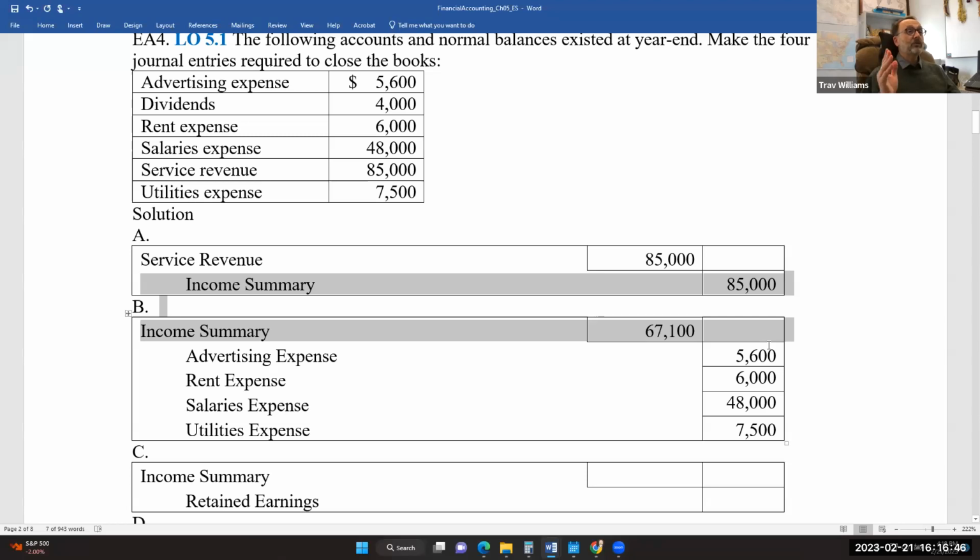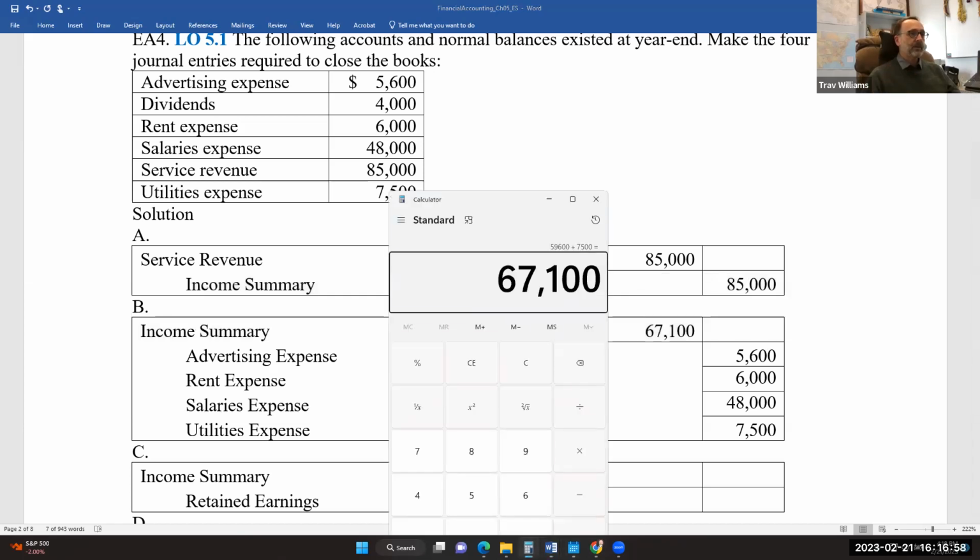So if we were to go to the income summary account, we would see 1 credit for $85,000, 1 debit for $67,100, and the balance would be the difference between the 2, right? So we could take the $85,000 credit minus the debit, so the balance in income summary is $17,900.